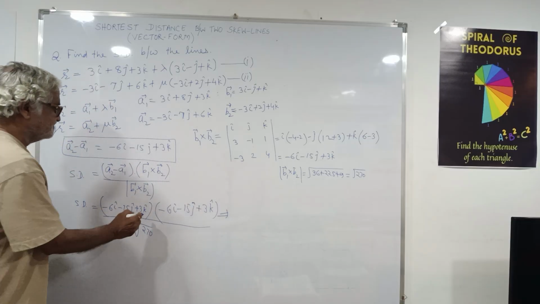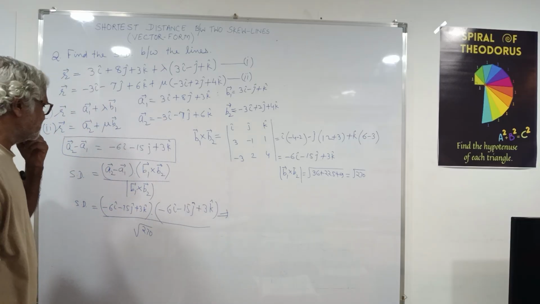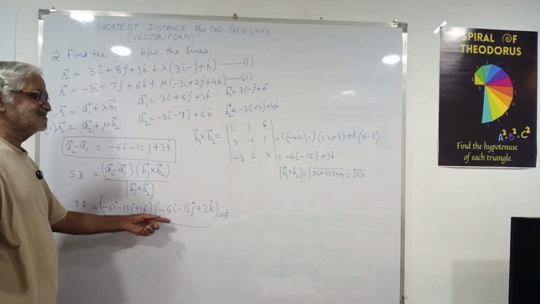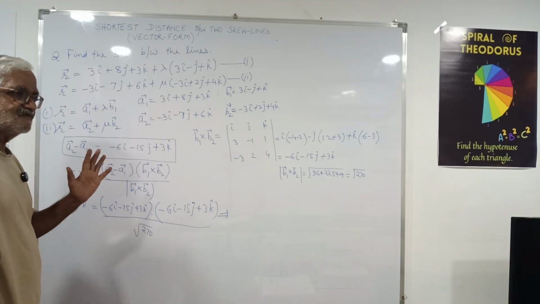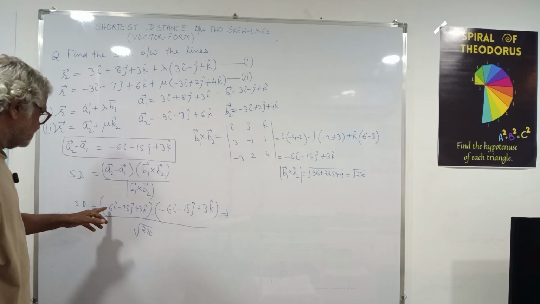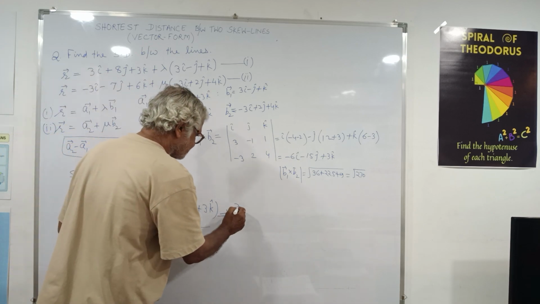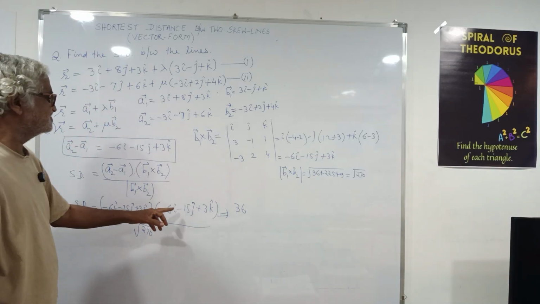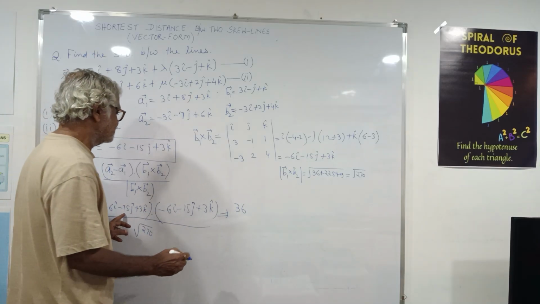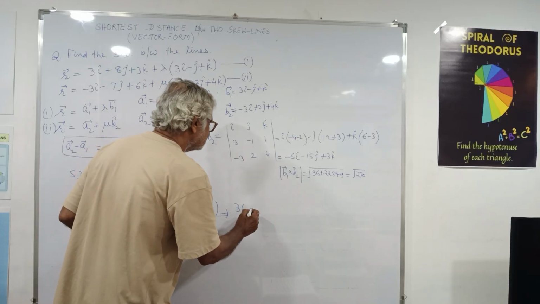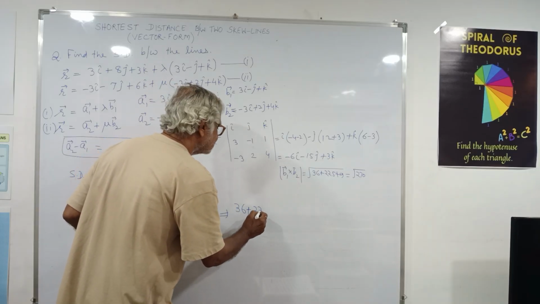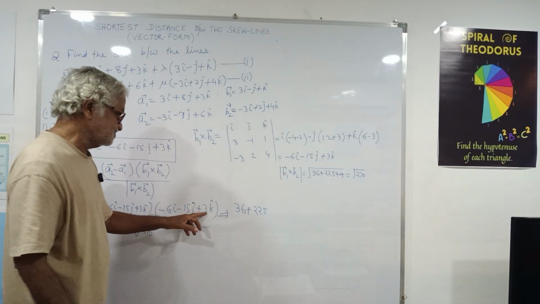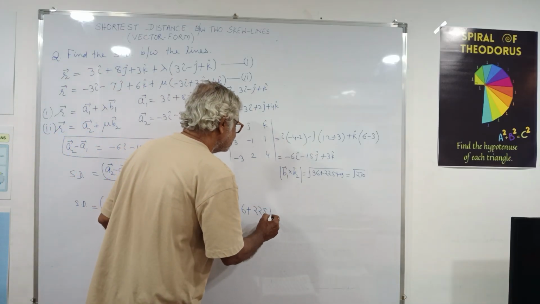Now dot product, scalar product, minus 6I into minus 6I cap. So I square is 1. So 36, minus 15 into minus 15, plus 225, plus 3 into 3, K into K is 9.